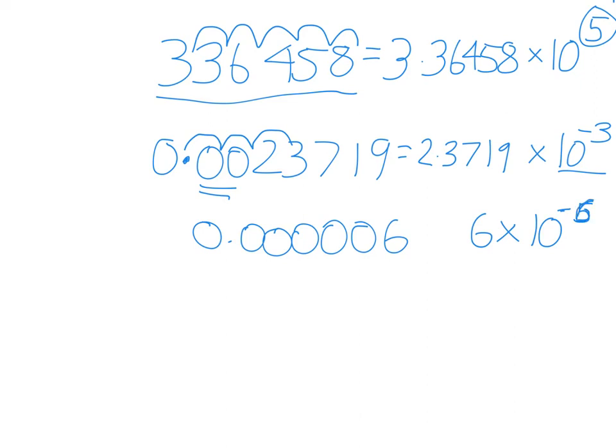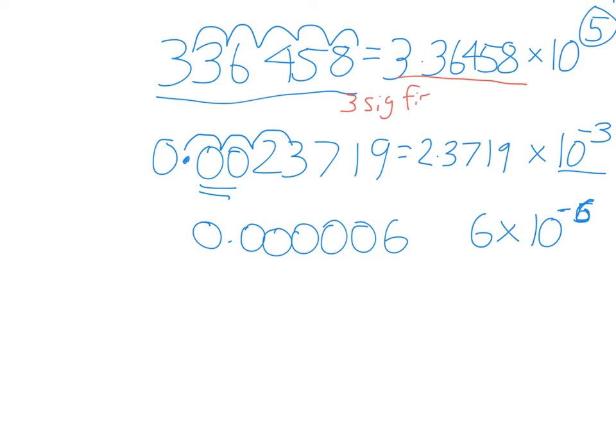Okay, now I'll quickly go through significant figures. So remember, significant figures are the number of digits in the answer, but not including zeros at the start and the end. Okay, so let's say I wanted to take this one here, this answer that I've got, and I want to make it 3 significant figures.